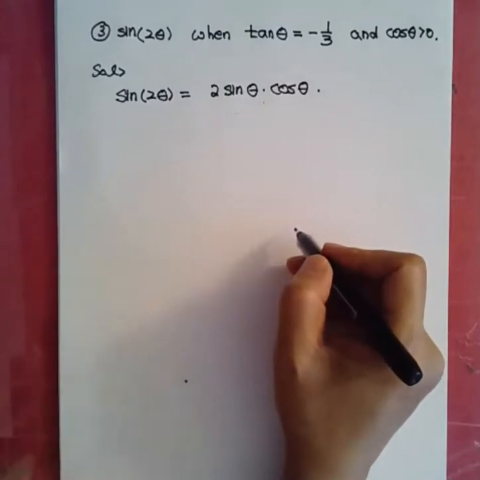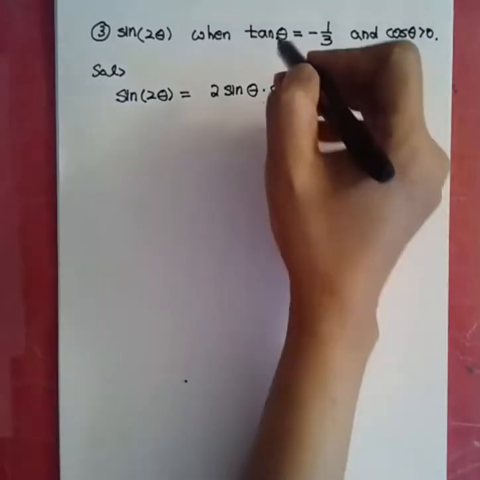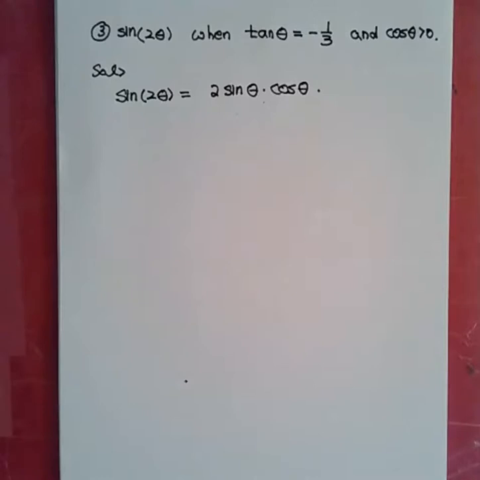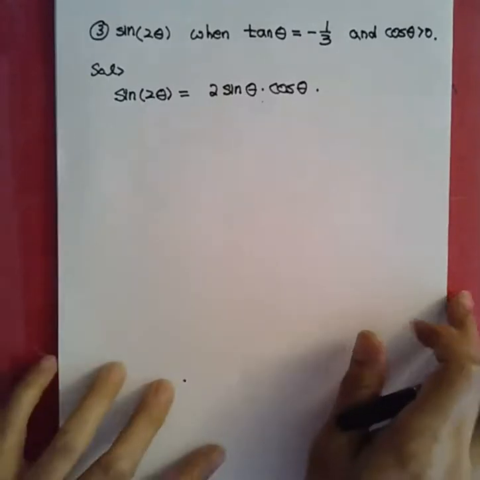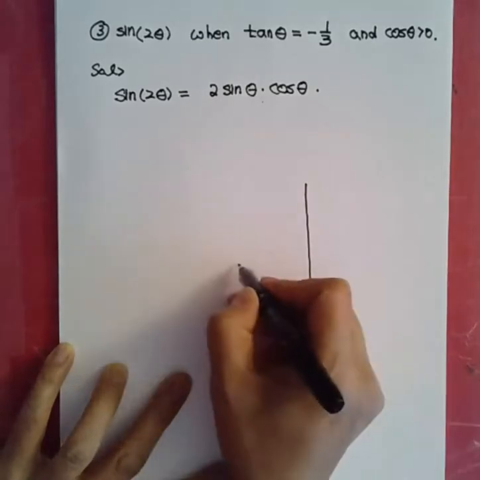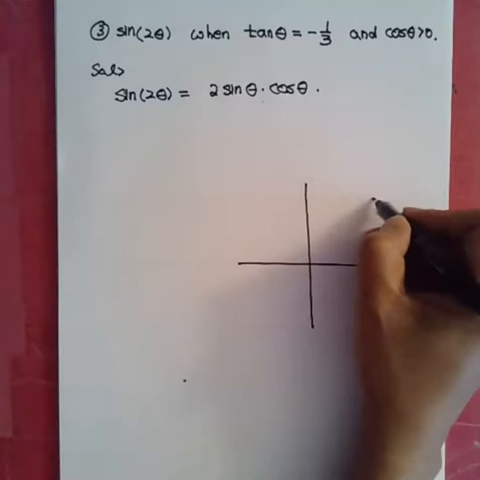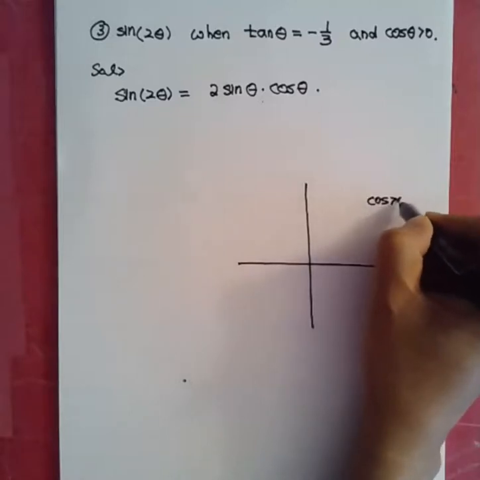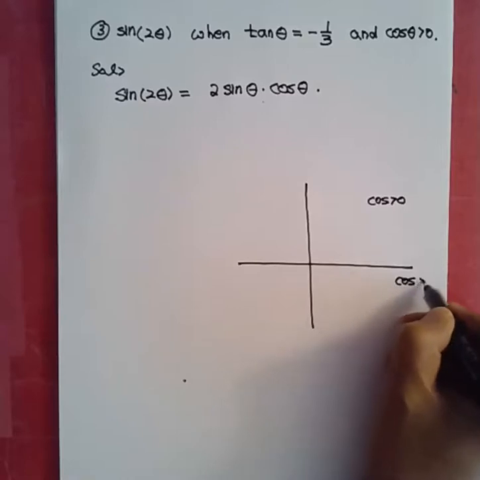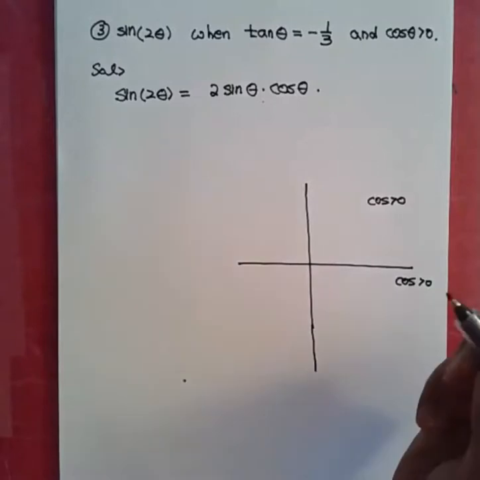This time, instead of the quadrant, the sign of the tangent value is given, and the sign of cosine is given. Cosine is positive, so that is either in the first quadrant or fourth quadrant, because x values are positive in the first and fourth quadrant.